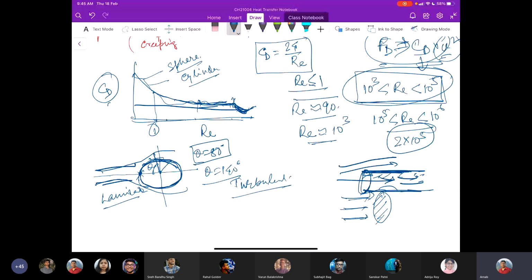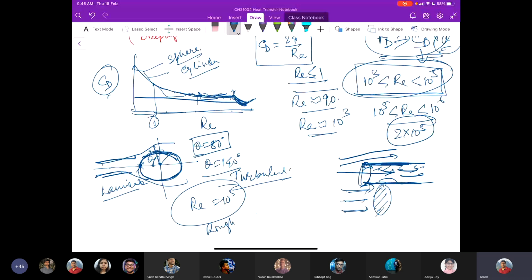So it's a typical magnitude. If I try to give an example, say at Reynolds number of 10 to the power 5, for a rough sphere, CD is basically 0.1 with epsilon by D equal to 0.001. This thing you are aware of, what is this value?